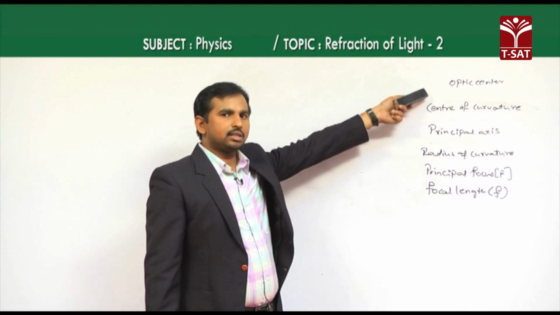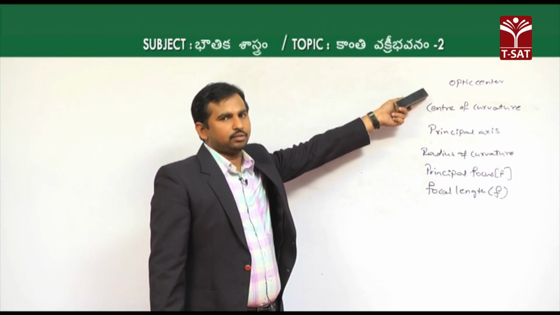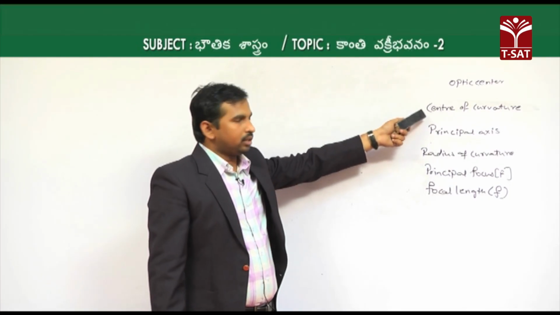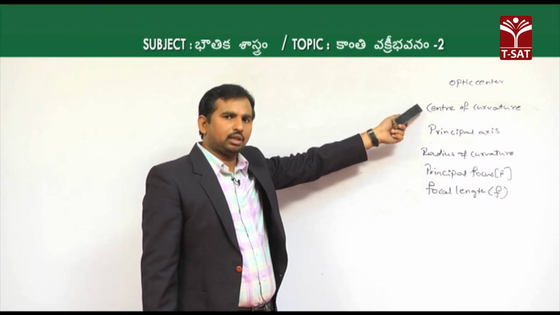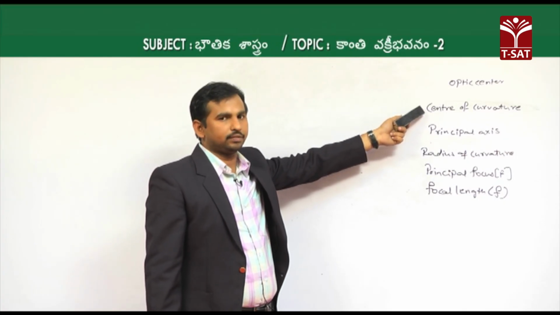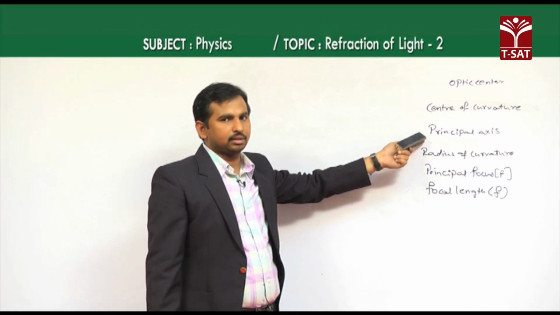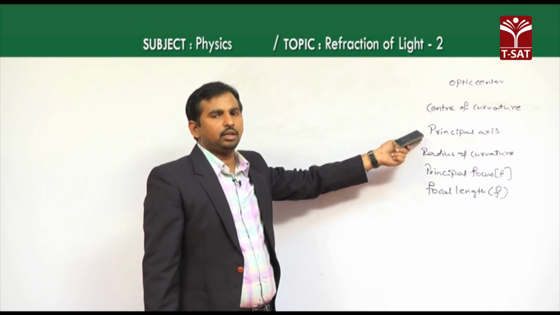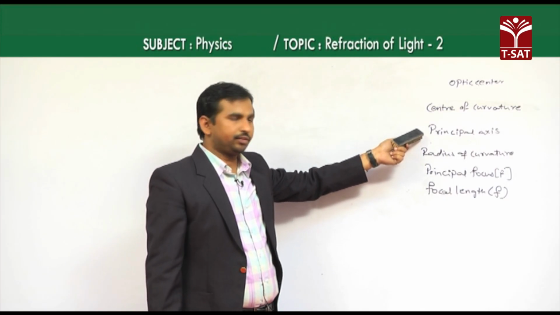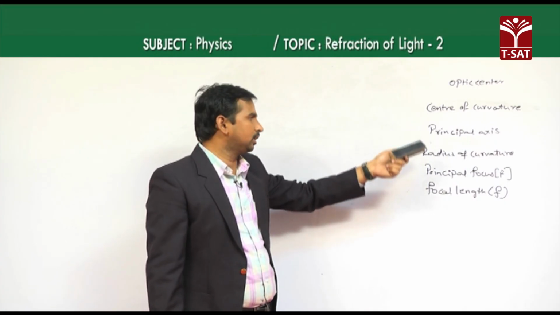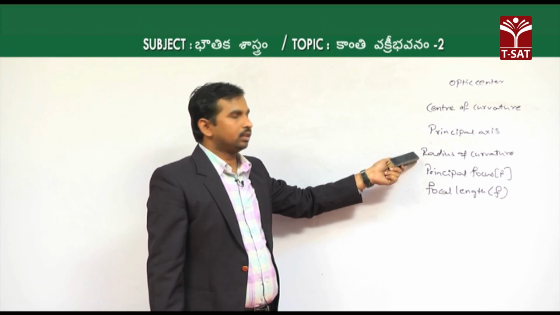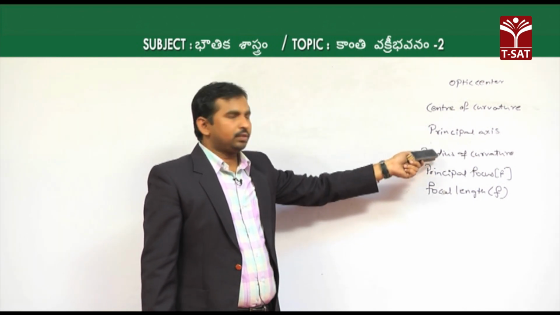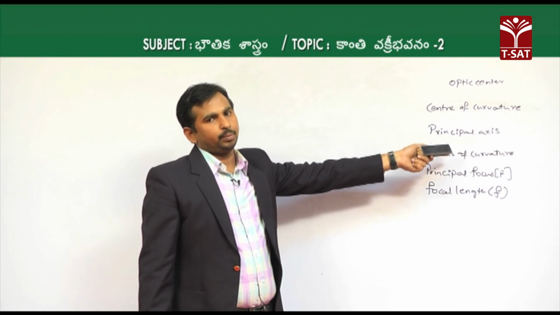Okay, optic center is the geometrical center of the given lens. Center of curvature is nothing but the center of the imaginary sphere of which our lens is a part. Principal axis is the line passing through the centers of curvature and the optic center. Radius of curvature is the distance between the center of curvature and optic center.